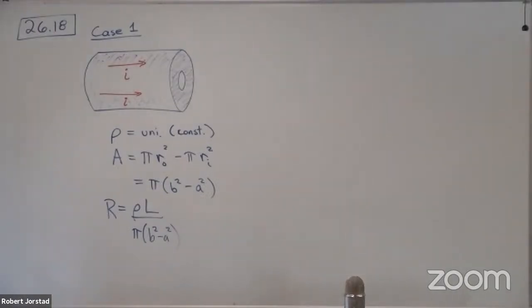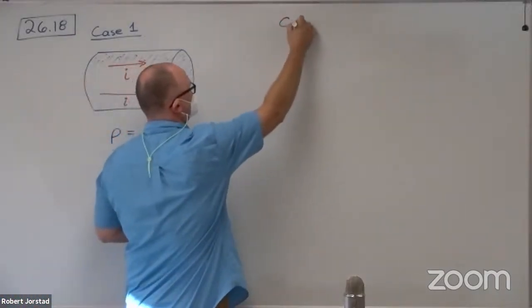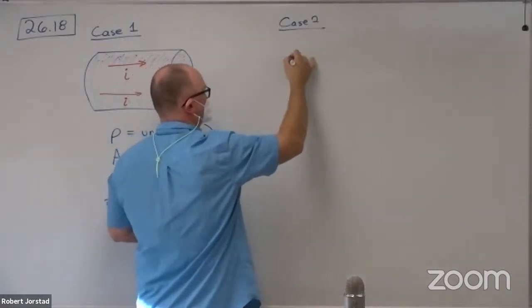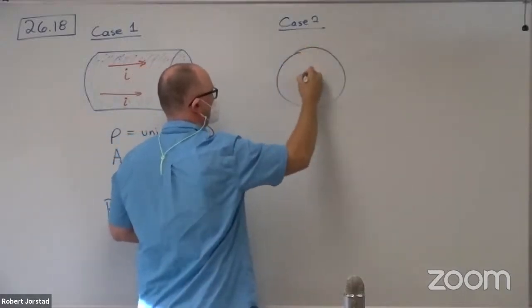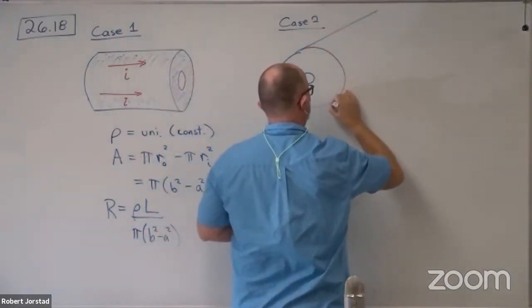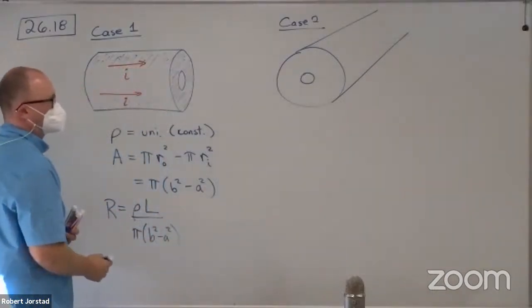All right. Now let's look at part B, case 2. Trying to draw the cylinder with some perspective there.